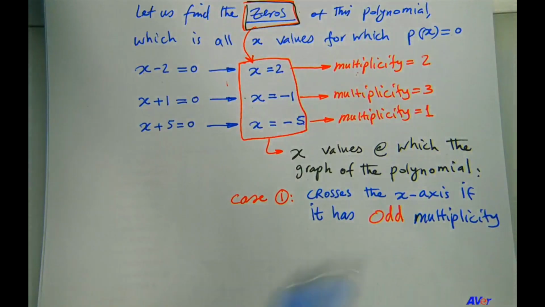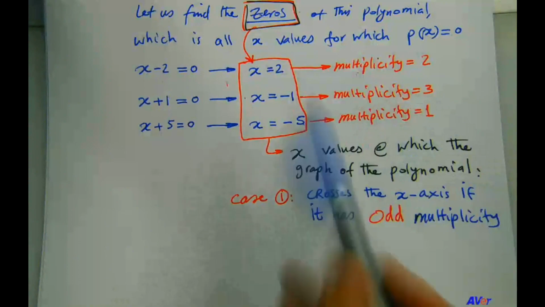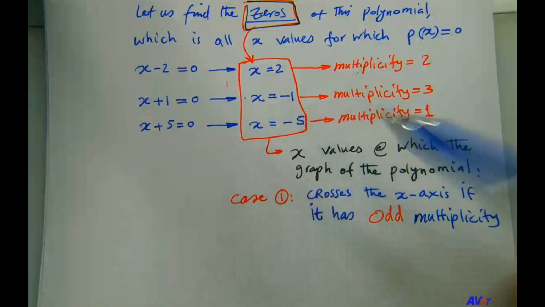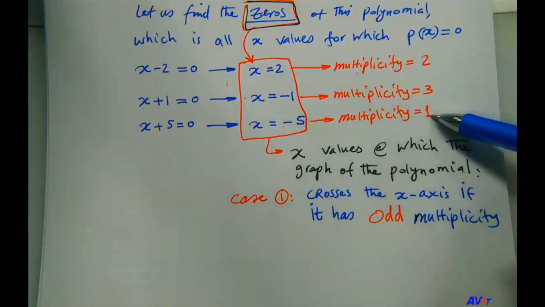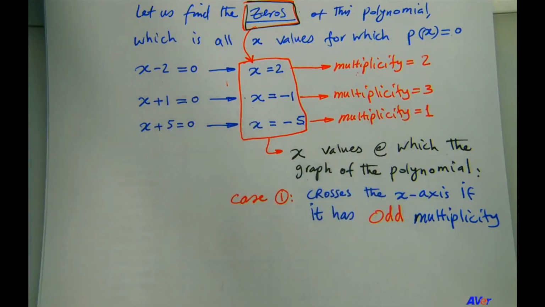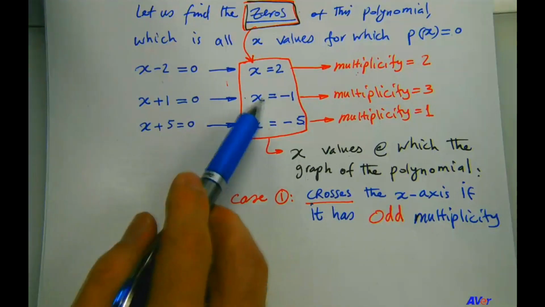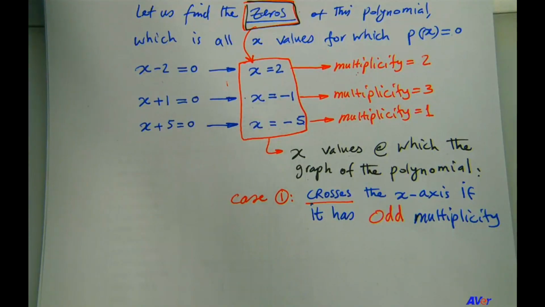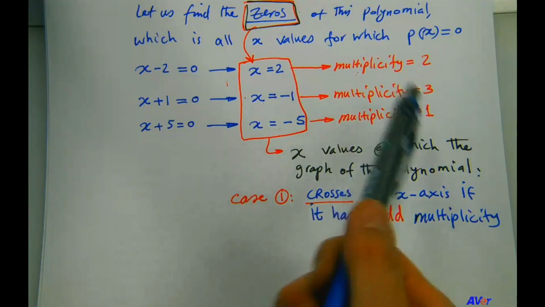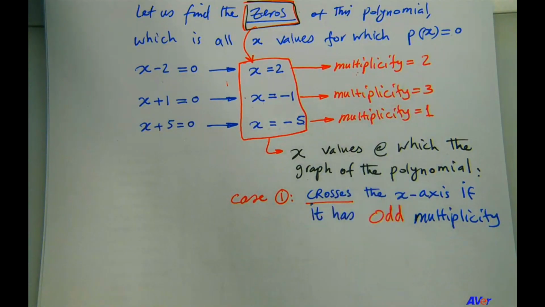So if the multiplicity is odd, which happens for which one of these? For -1 and -5, the multiplicity is 3 and 1. So those are odd multiplicities. So the graph of the polynomial will cross the x-axis at those x values. It'll go right through the x-axis. That's if the multiplicity is odd.